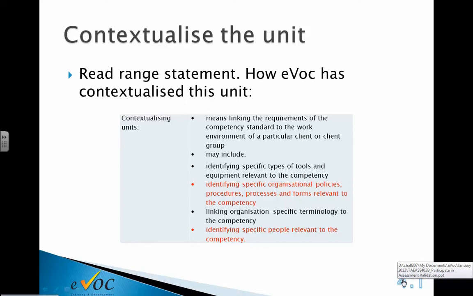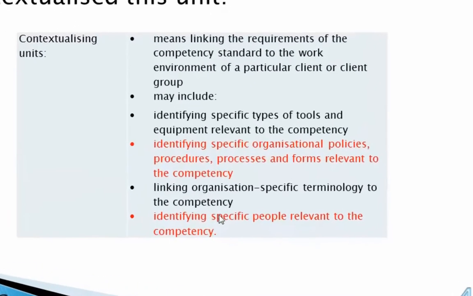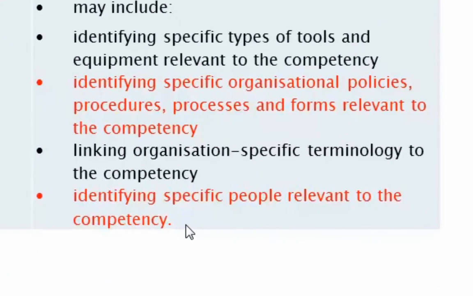So I've just taken out an extract of that. So contextualising units, and within all of the dot points I've just highlighted 2 dot points in red. So I just want to explain how we here at Evoke have contextualised this unit so far for your needs.